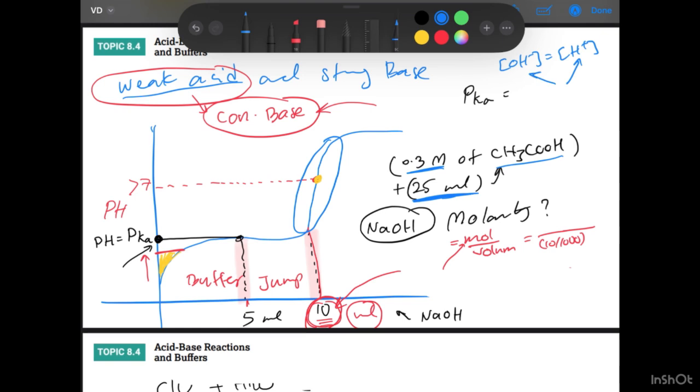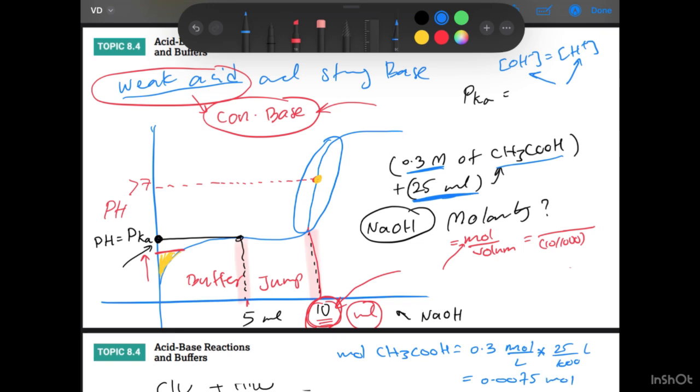So the moles of weak acid, CH3COOH, is equal to 0.3 molar, which is mole per liter, multiplied by 25 over 1,000 liter, and then you will end up with a beautiful number of 0.0075 mole.